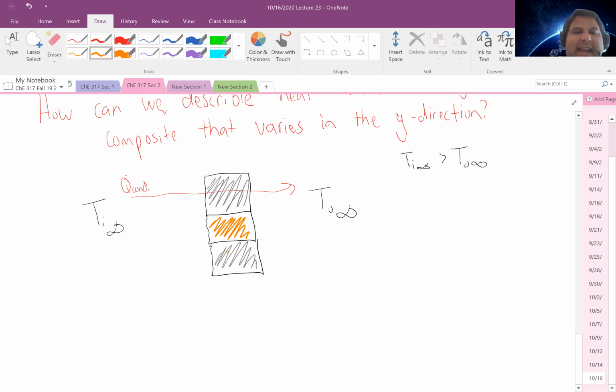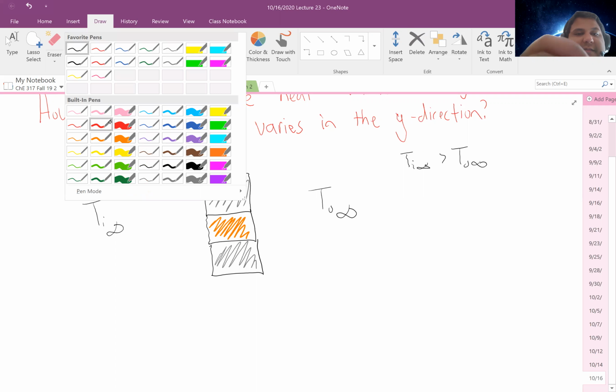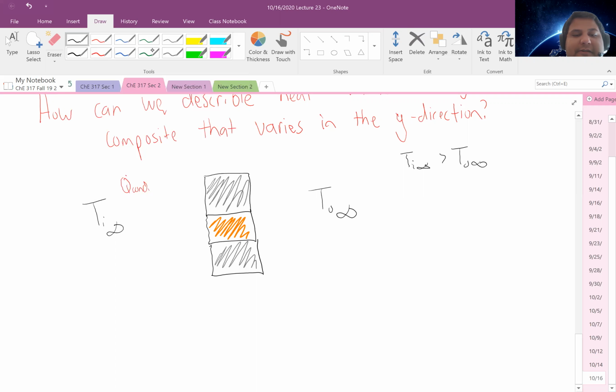In that instance, you would say the majority of the transfer is probably going to go through that middle material because it has a much higher thermal conductivity than the material above and below it that would probably have a low thermal conductivity. And so the way that we can describe this, similar to a resistances in series model, is through application of a resistances in parallel model.